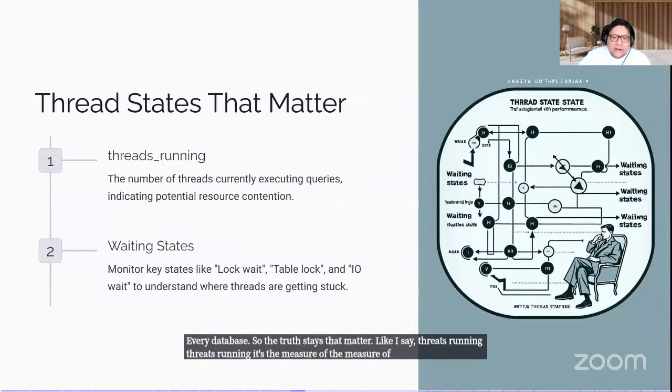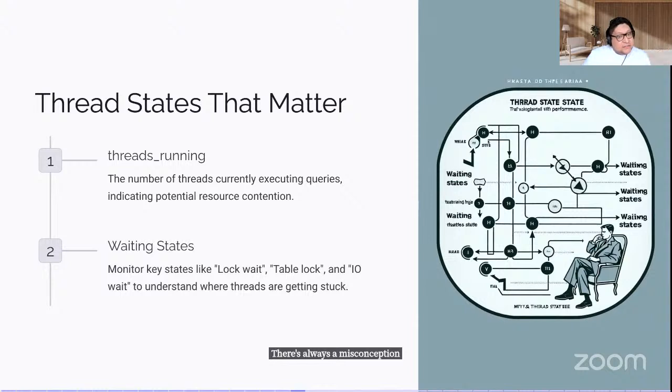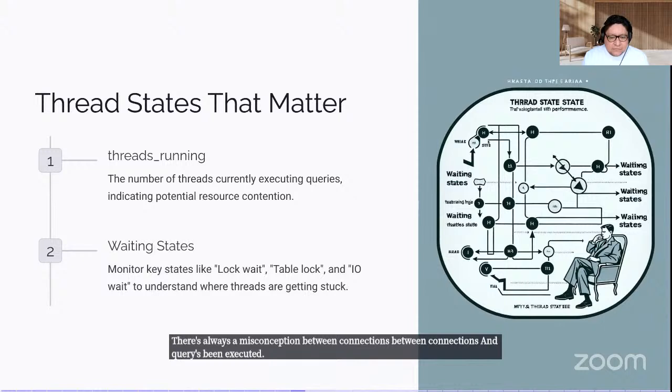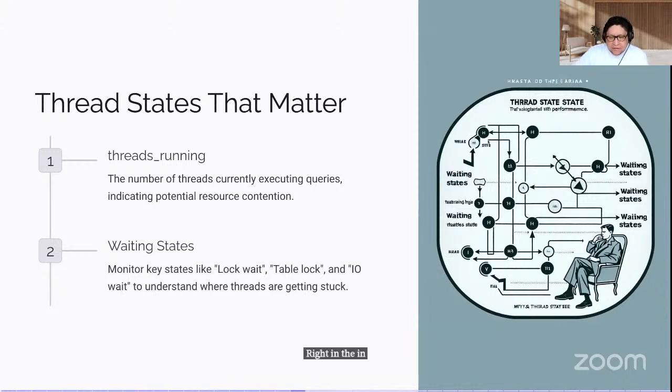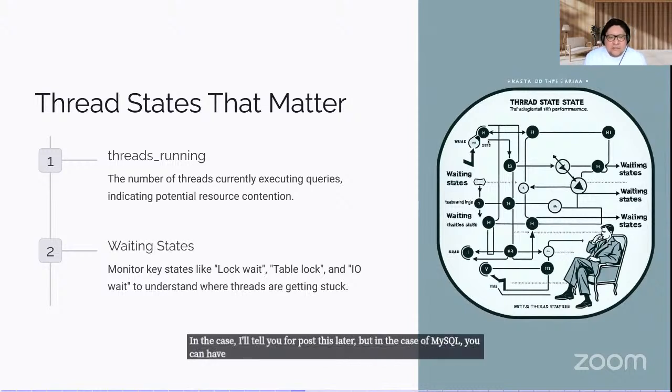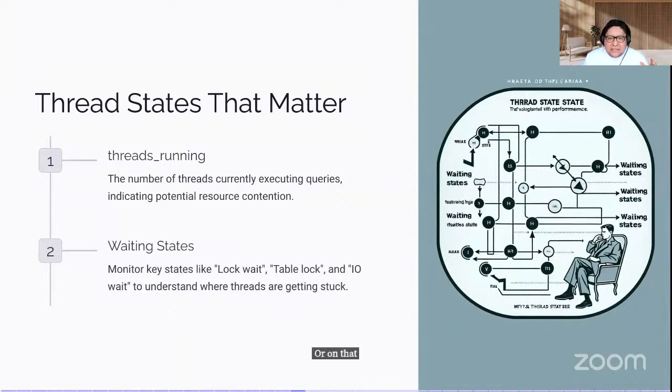Threads running is the measure of how many queries are actually being executed at the same time. There's always a misconception between connections and queries being executed, right? I'll talk about Postgres later, but in the case of MySQL, you can have 100 connections, but 99 of them in sleep, or in an open transaction that is not executing queries, right?